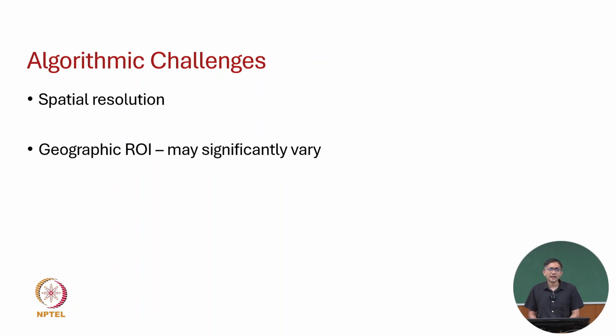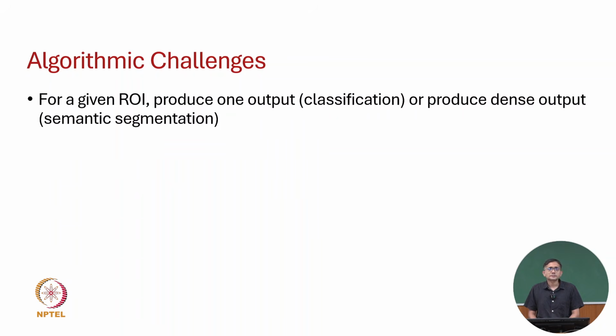We can be analyzing just few hundred meters by few hundred meters, whereas we could also be analyzing hundreds of kilometers by hundreds of kilometers. So this is the aspect that I just discussed, that for a given ROI, you might be interested in producing one output or producing a dense output.